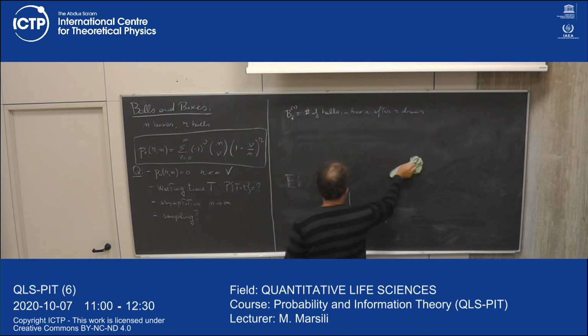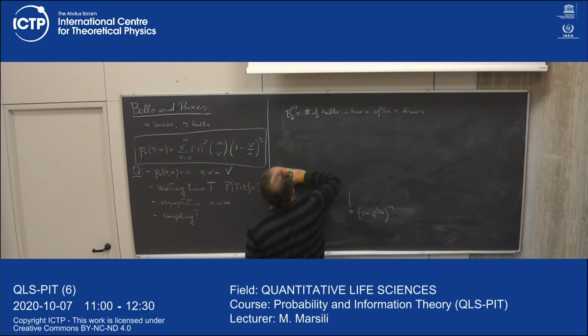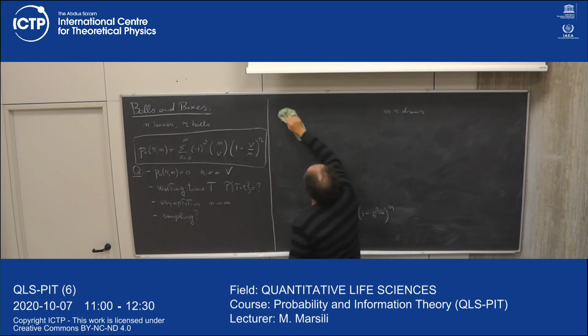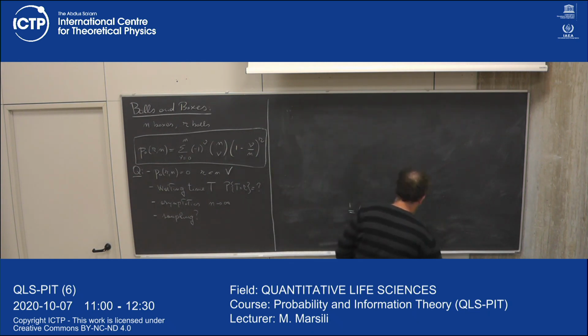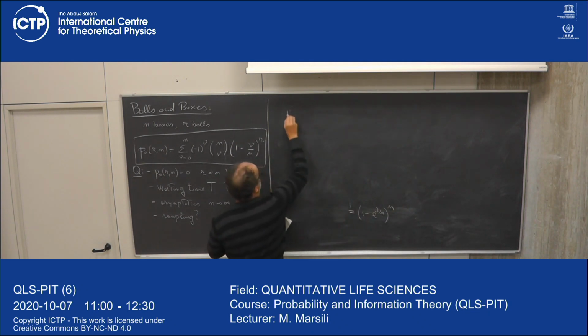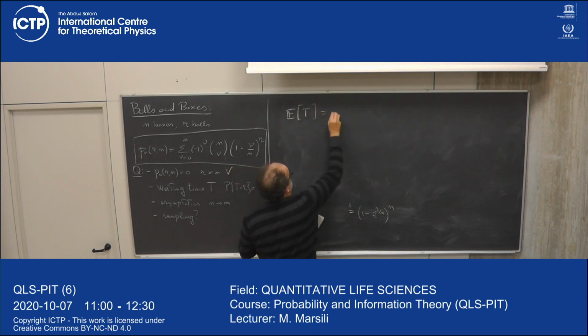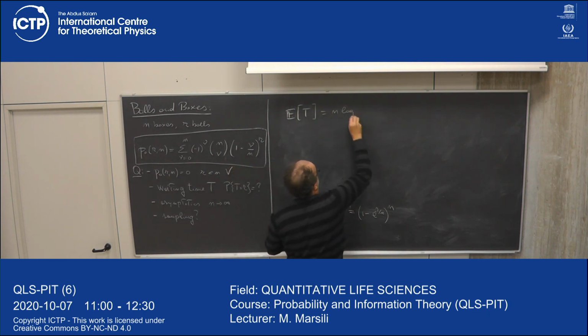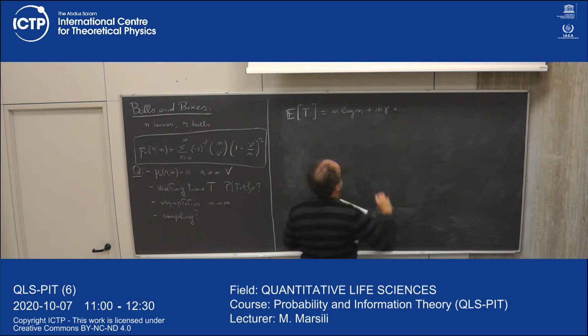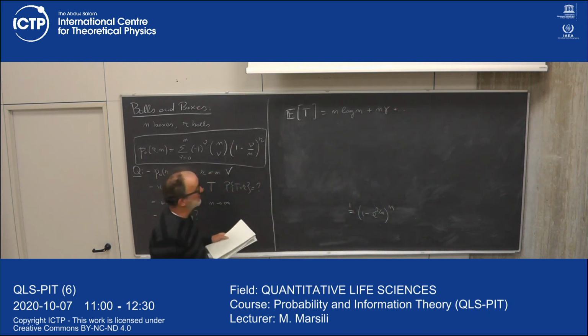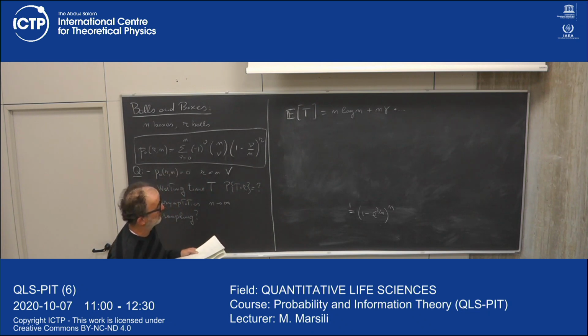But now we can also estimate the probability distribution in this limit. What we have learned is that the expected value of T is n log n plus n times gamma plus other smaller things. These are the leading behaviors.